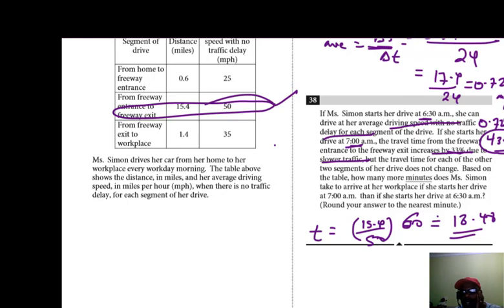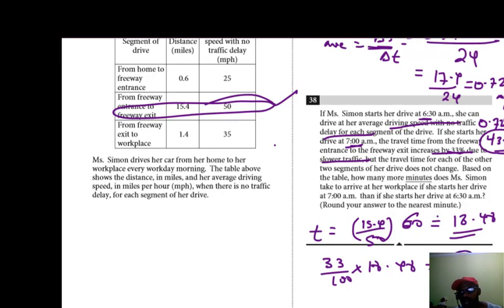What is 33% of 18.48? Again, let me use my calculator. Multiply times 33, divided by 100. All right, so there you have 6.0984.